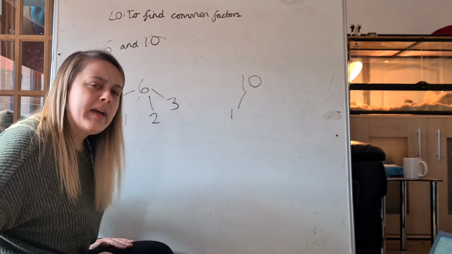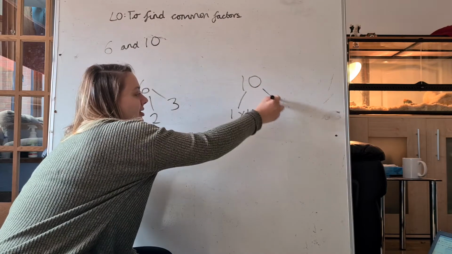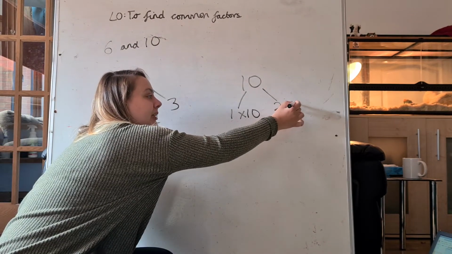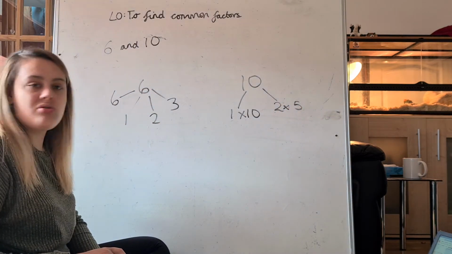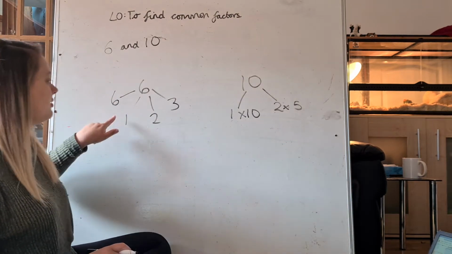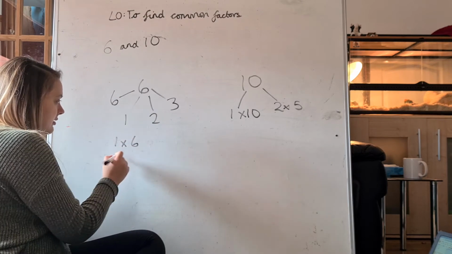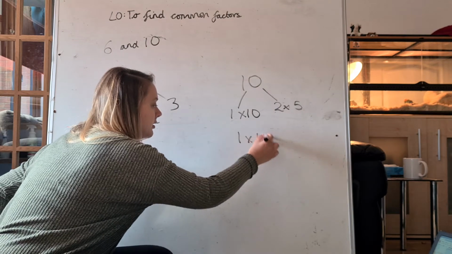What would be its factor pair? 10. Brilliant. 2. Yeah, 2 times 5. 3. No. 4. No. 5. We've already got that. So 6 has 1 times 6 and 2 times 3, and 10 has 1 times 10 and 2 times 5.